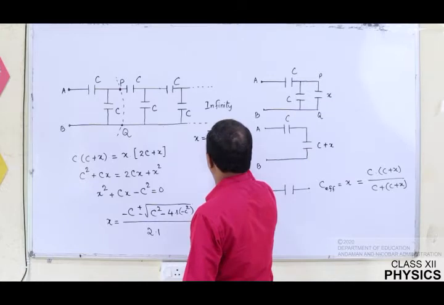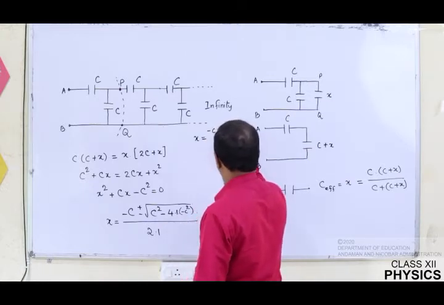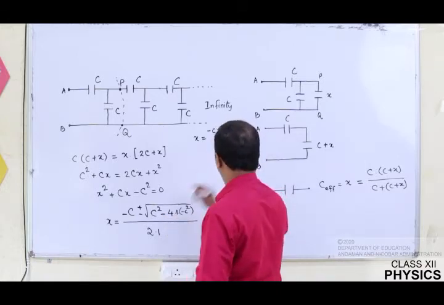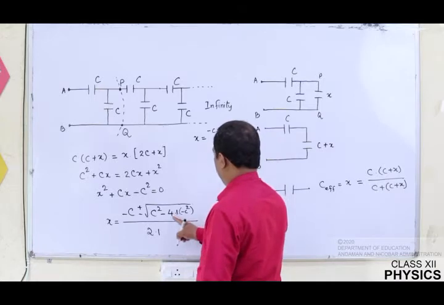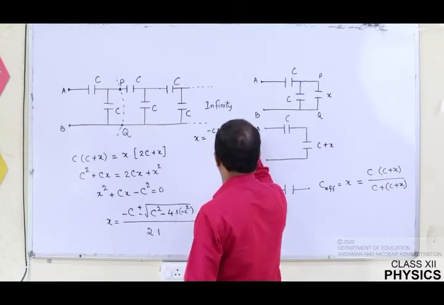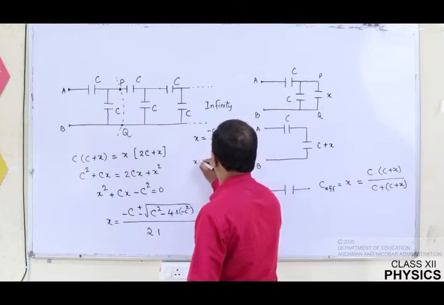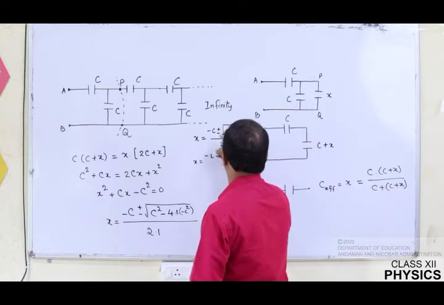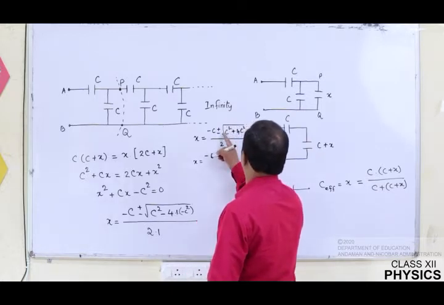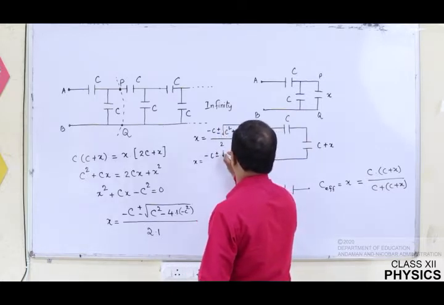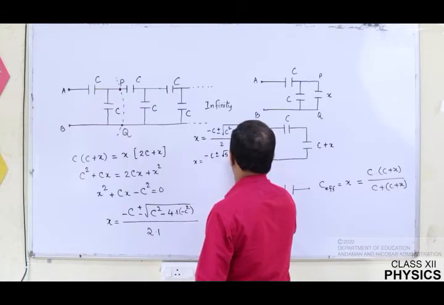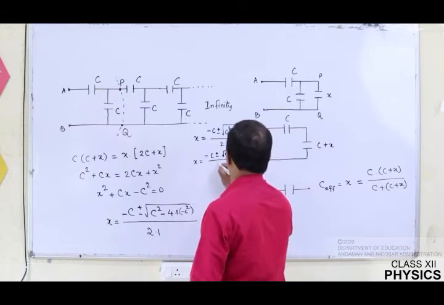Further, X is equal to minus C plus or minus root of C square, minus into minus plus 4C square upon 2, or X is equal to minus C plus or minus C square, I can take out C, so 5, so I shall say root 5, C is out of the root upon 2.